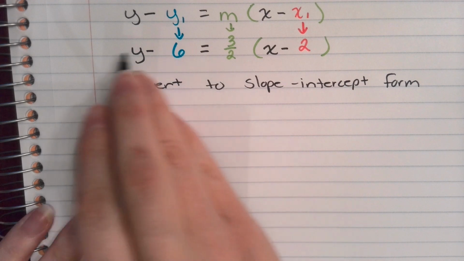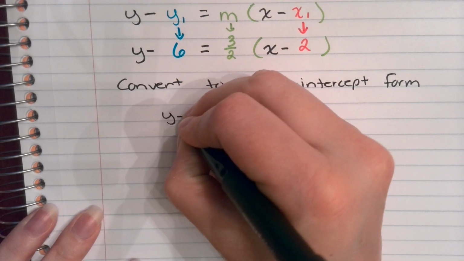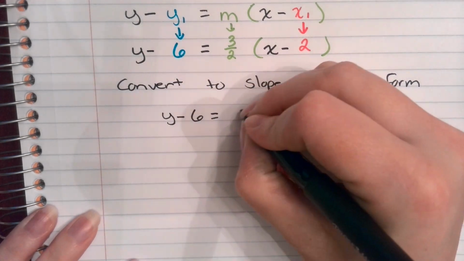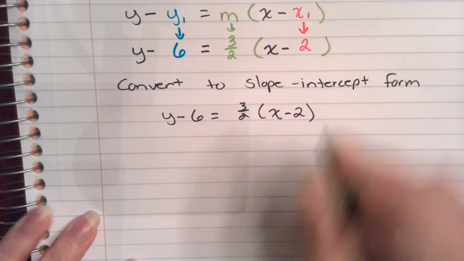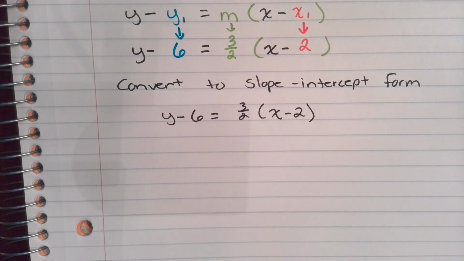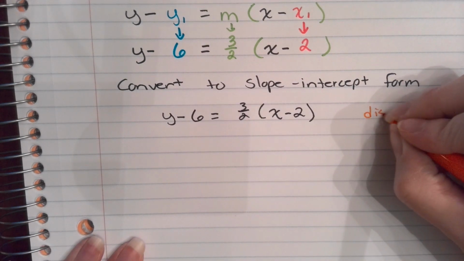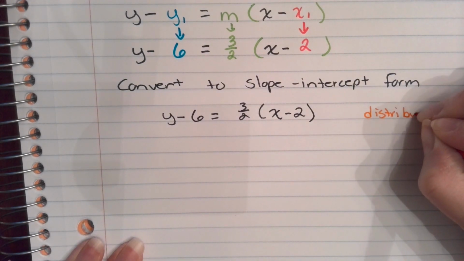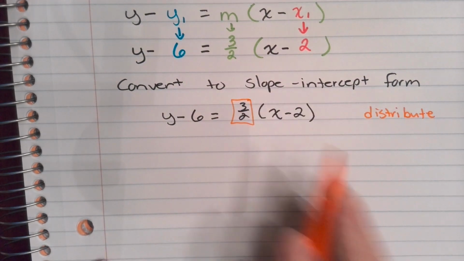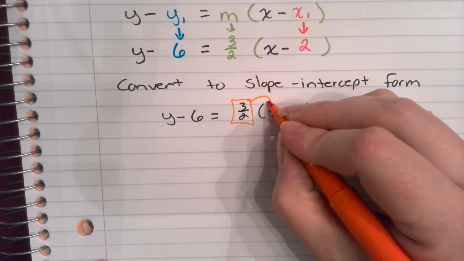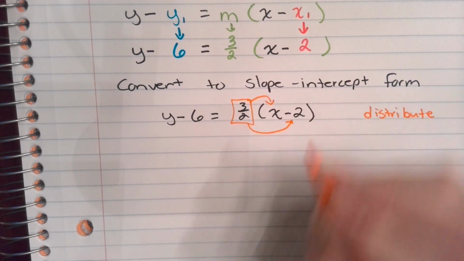So I'm going to take that first equation, y minus 6 is equal to 3/2 times x minus 2. And the first thing that I want to do is distribute. Because I have this multiplication on the outside, I need to distribute it to each component on the inside.